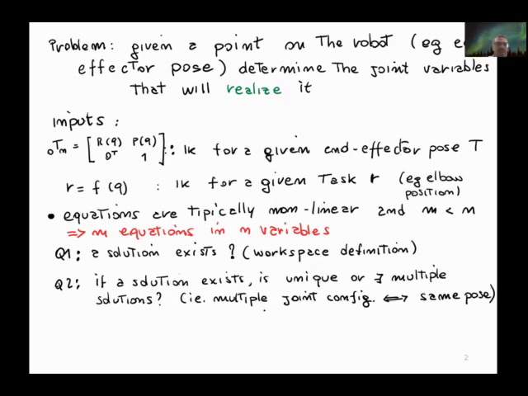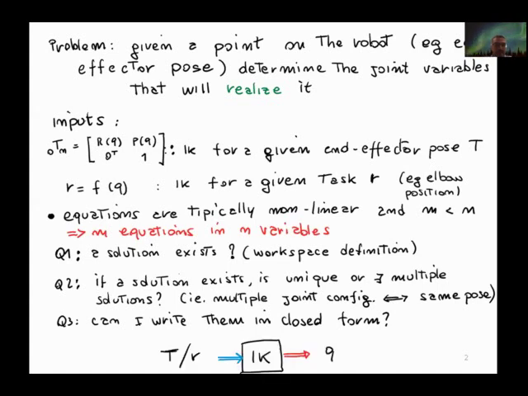When a solution exists, the second question is if it is unique or if multiple solutions exist. For example, multiple joint configurations correspond to the same pose. And whenever these solutions exist, how can I compute them? Can I compute them in closed form, or do I need to resort to some numerical approach?